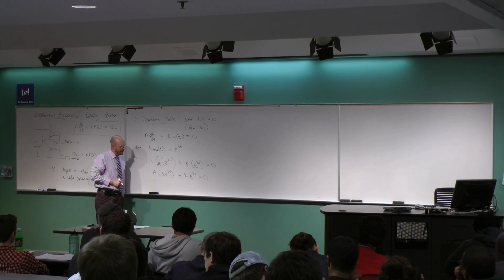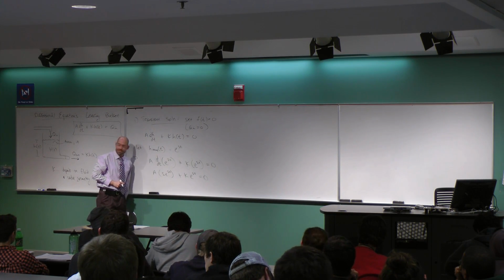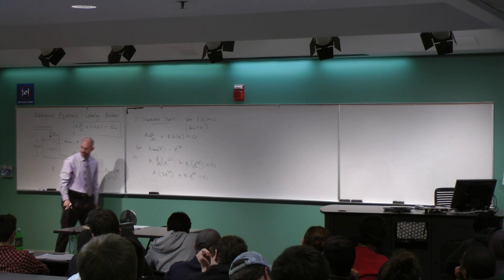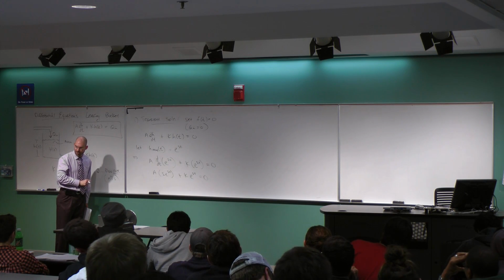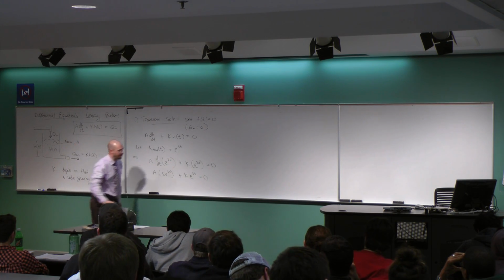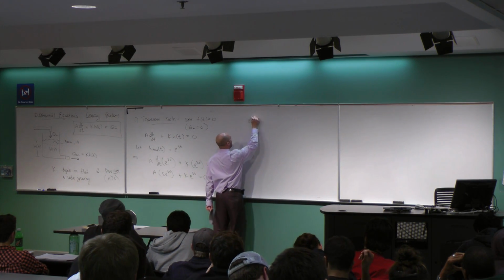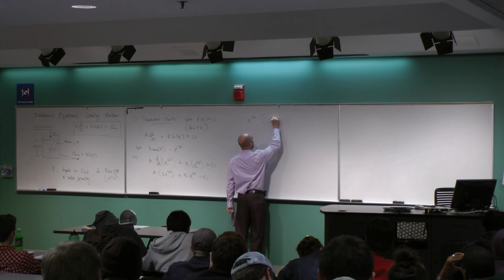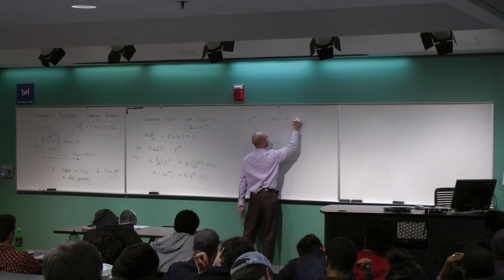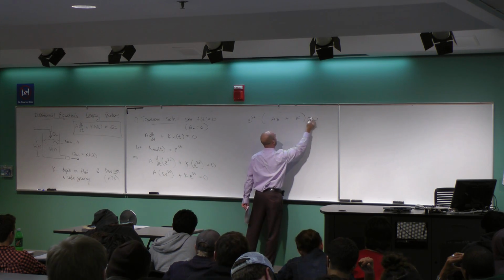What can I always do at this point in the solution? Factor it out. If I can't factor out e to the st right here, I just screwed something up. So e to the st comes out front, and what am I left with? A times s plus k equals 0.